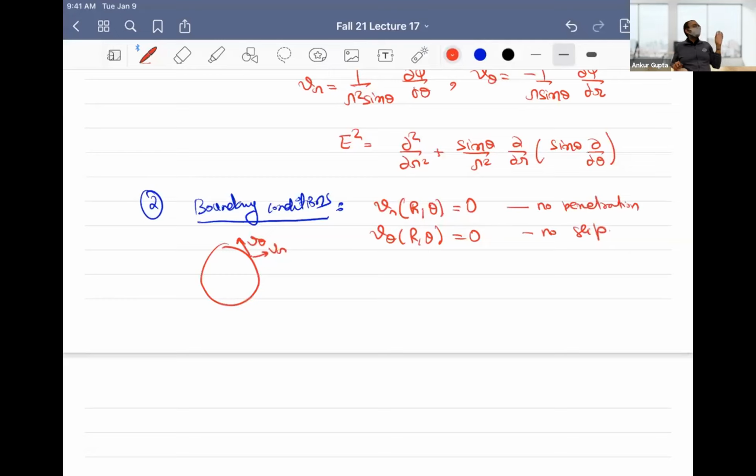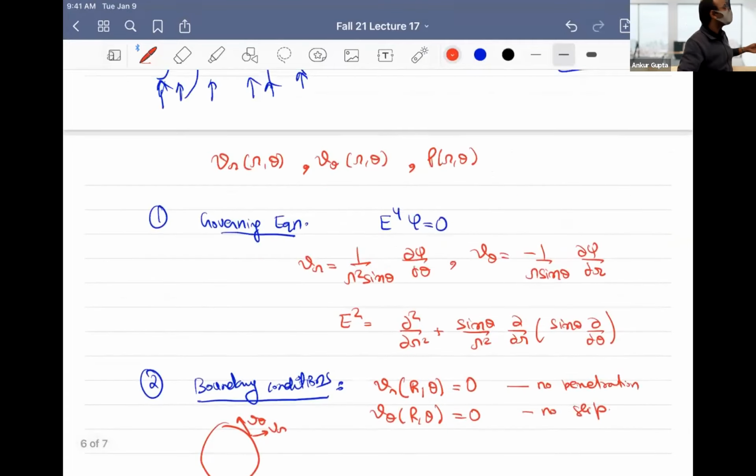Any questions on this? So this is in V_r and V theta, but I am not solving in velocity, I'm solving the stream function. So V_r and V theta are equal to 0. This means that del psi by del theta is equal to 0, and that means del psi by del r is equal to 0. Does everybody follow that? I can substitute V_r with this formula from the stream function. If I substitute that, del psi by del theta is equal to 0.